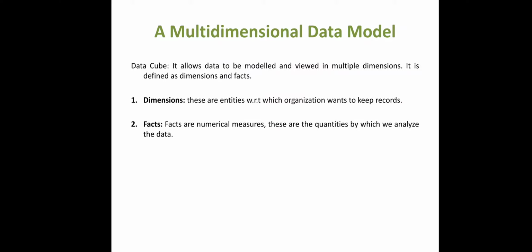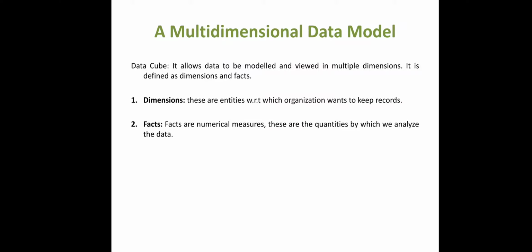With that we will see what dimensions are and what facts are. Dimensions are the entities with respect to which an organization wants to keep records. Whatever records we are keeping in our data warehouse, the entities with respect to which we store them are called dimensions.